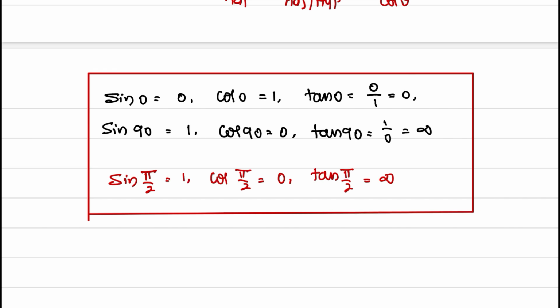For other values and other formulae, we will develop the concepts like this only, and we will take these trigonometric functions and formulae forward. It is better to learn slowly and learn it perfectly, so that you will never forget.